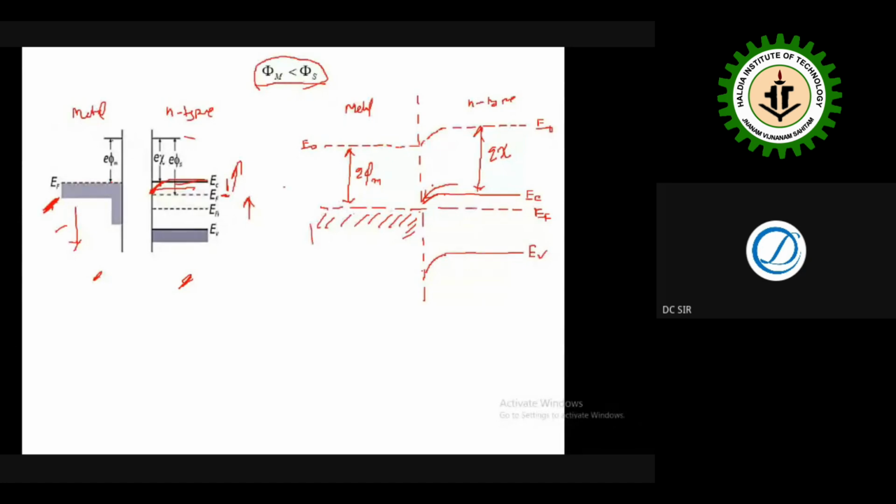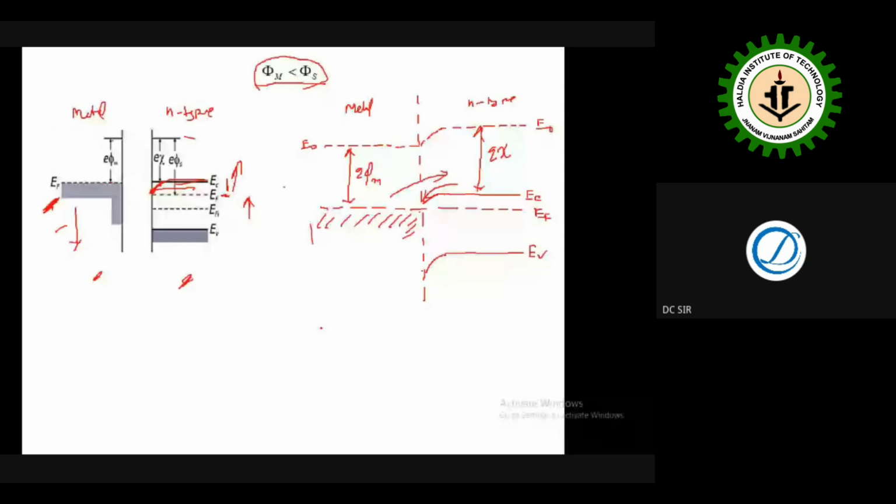And if it is reverse bias, then the conduction band is downwards, and due to the higher concentration of electrons, they move from this side to this side. So in both forward bias and reverse bias, current flows through this junction.